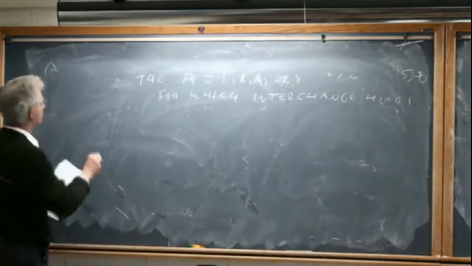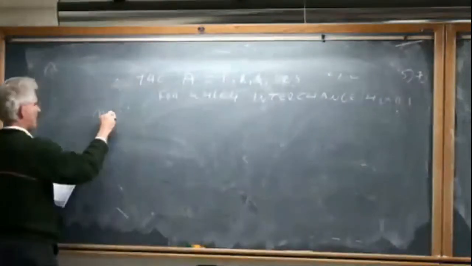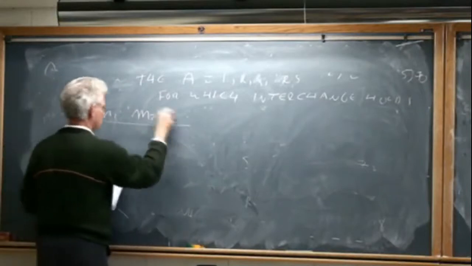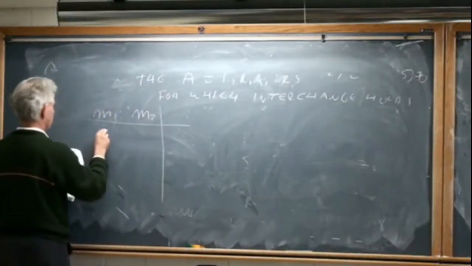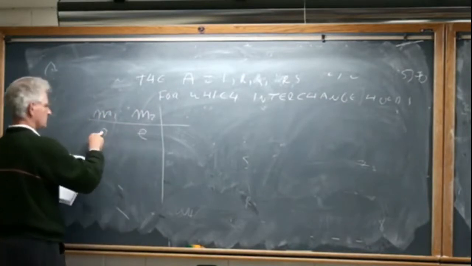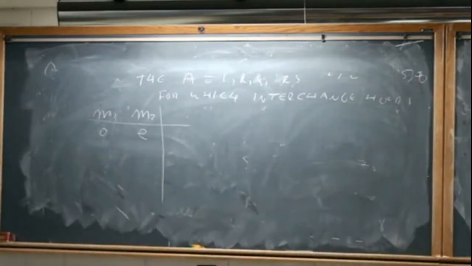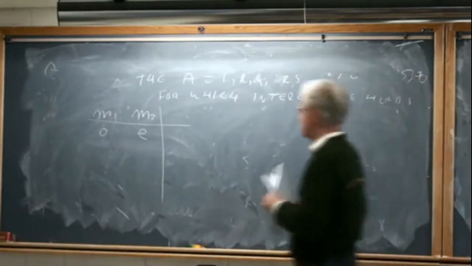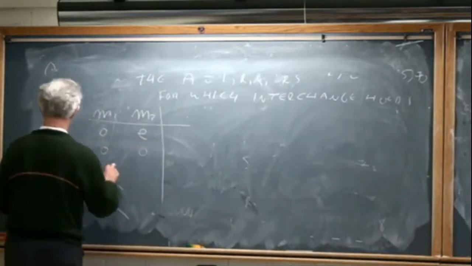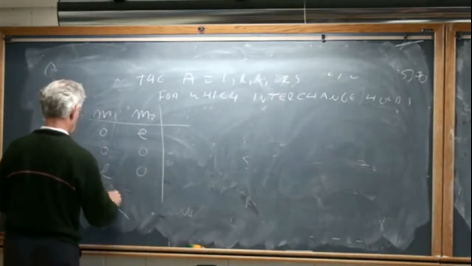And curiously enough, for reasons I do not understand, it depends upon the parity of M1 and M2. There are 4 cases: M1 is odd, M2 is even. This is the generalization of the case that Baxter originally did. M1 can be odd, M2 can be odd. M1 can be even, M2 can be odd, and they can both be even.